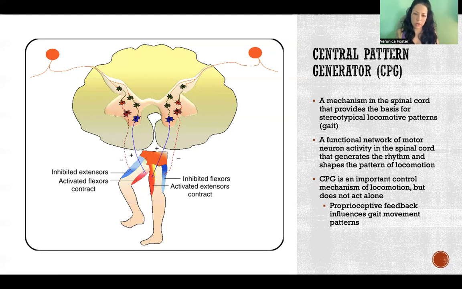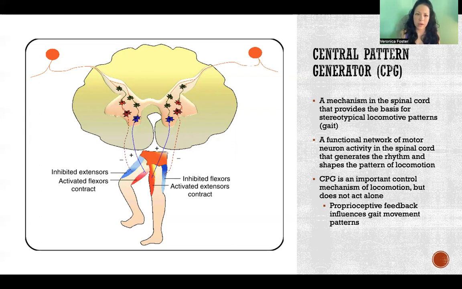So it's an important control mechanism in locomotion, but it doesn't act by itself. If we were just using CPGs with no sensory feedback, we'd get the limb movement in the normal locomotive patterns, but there would be very little coordination and control. We would not have nice, clean, controlled, smooth movement patterns.